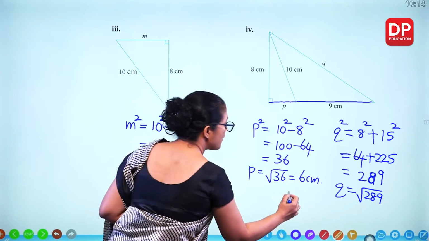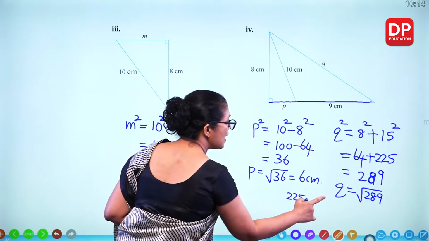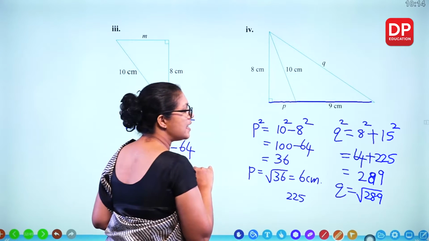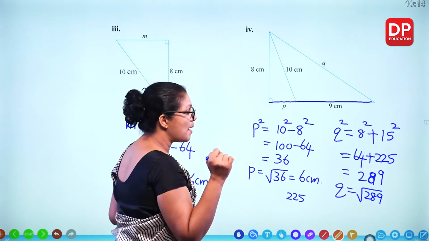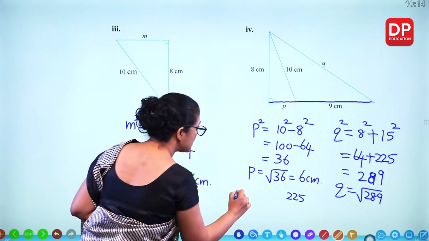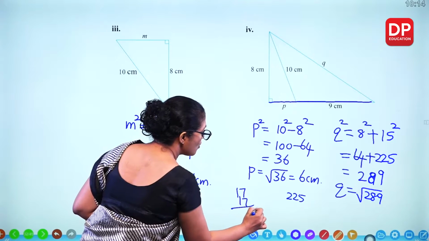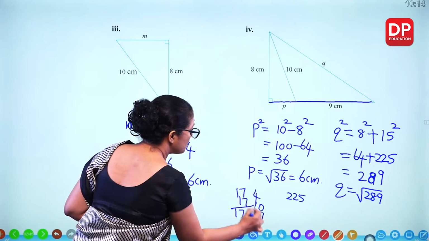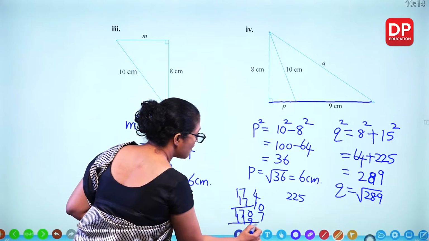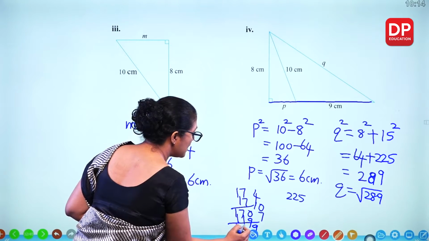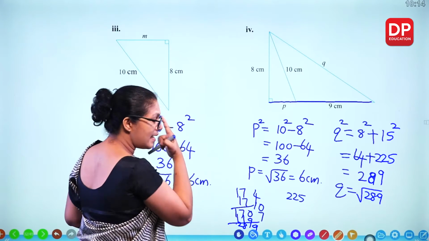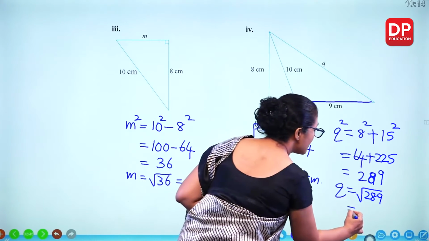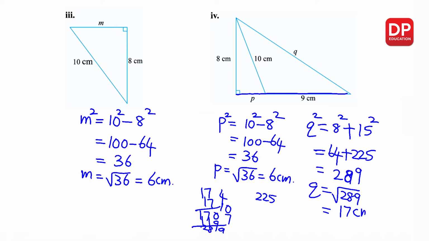Then 225 is 15, and this 9 means 17 times 17. Check 17 times 17. You get 289. So the square root of 289 is 17 centimeters.